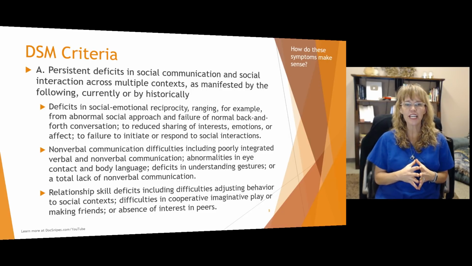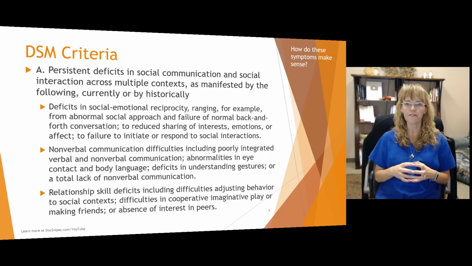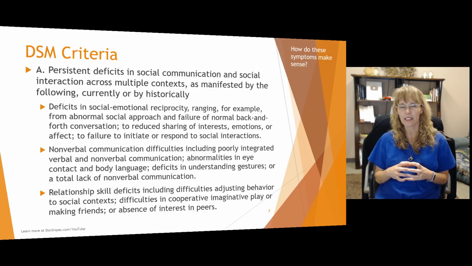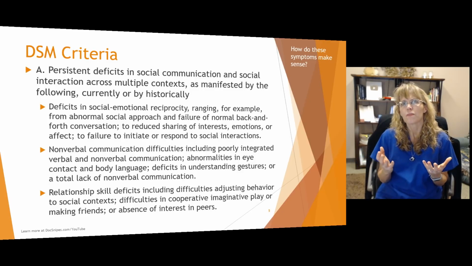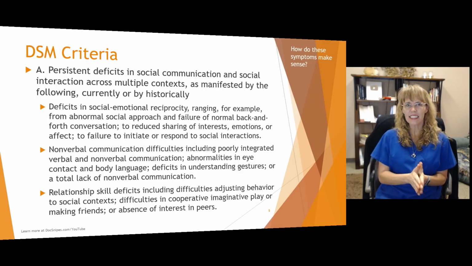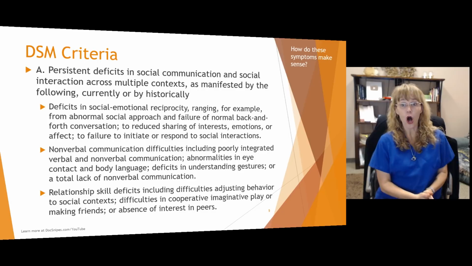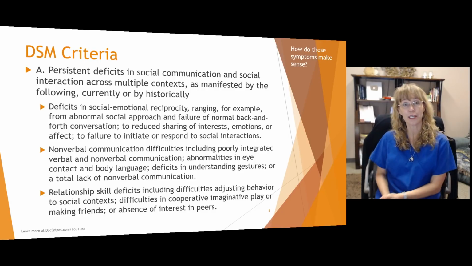They also may have relationship skill deficits, including difficulties in adjusting behavior to social contexts, difficulties in cooperative, imaginative play, or making friends, or an absence of interest in peers. Again, we want to ask ourselves, why? Has this child or person always had an absence of interest in peers?